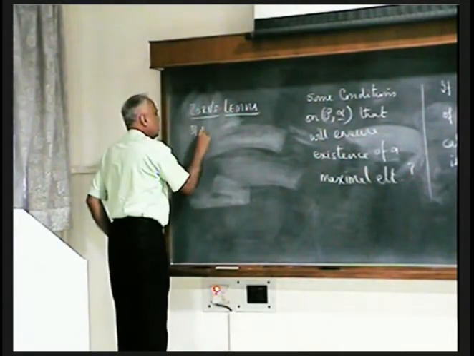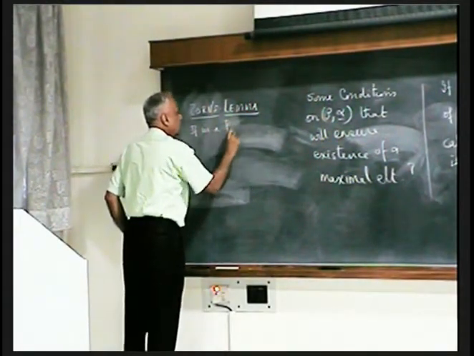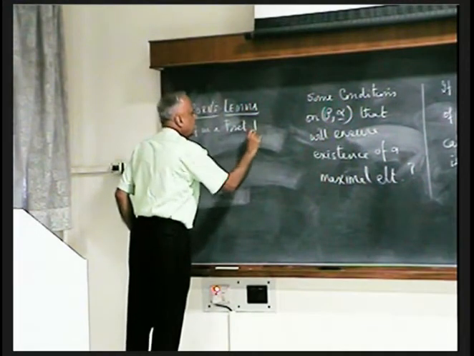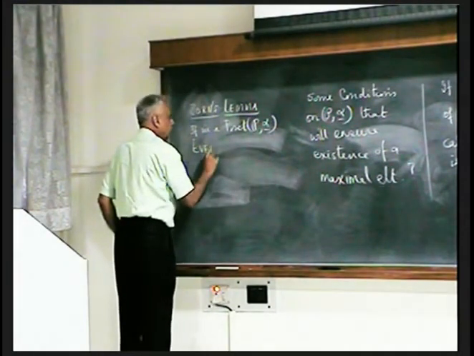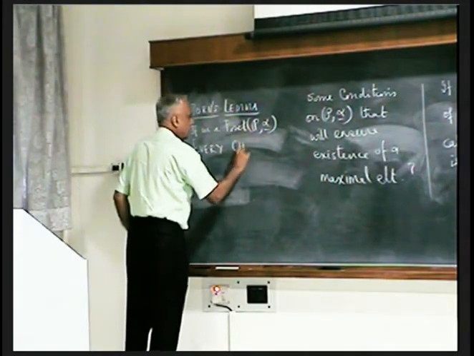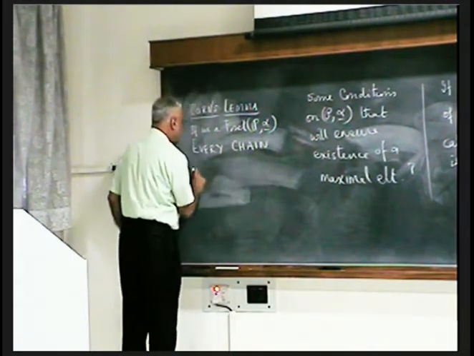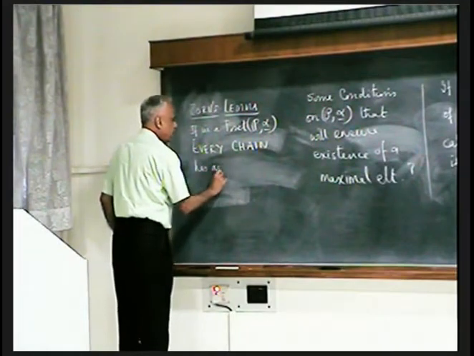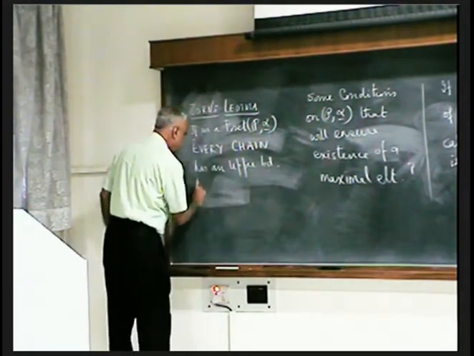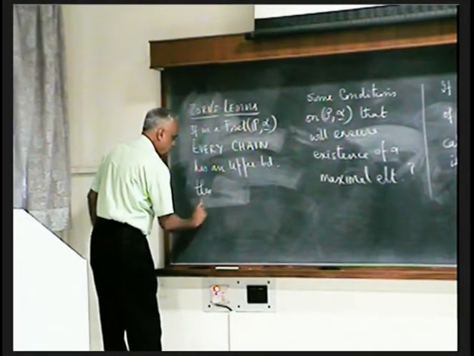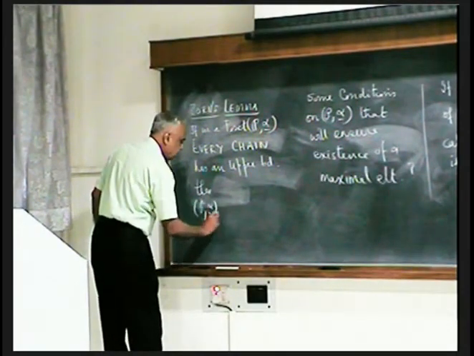If P is a poset, and every chain has an upper bound, then P has a maximal element.